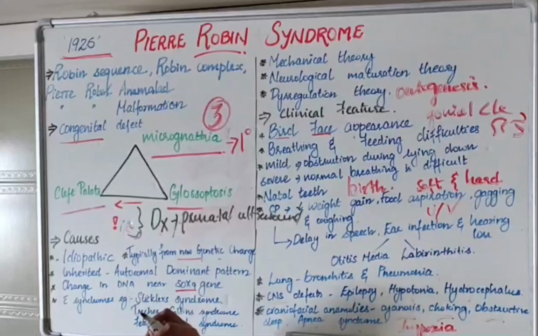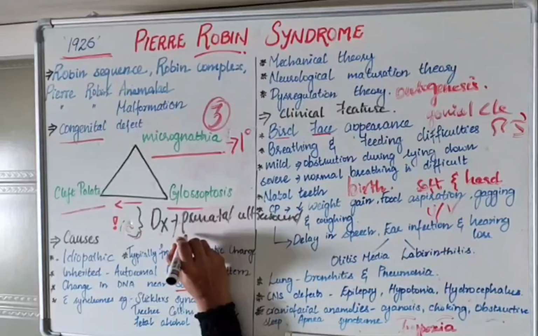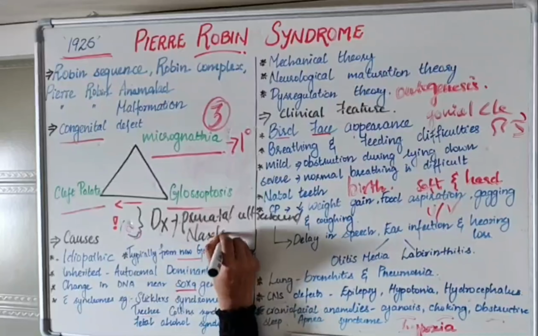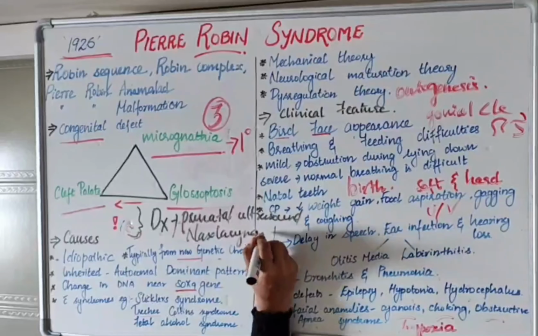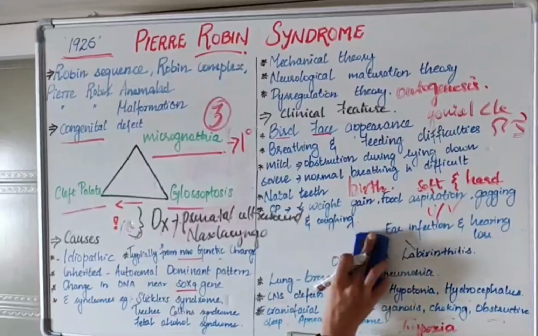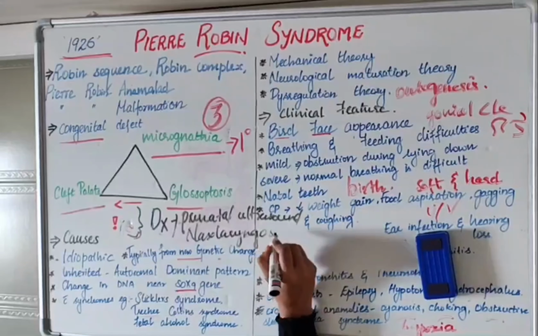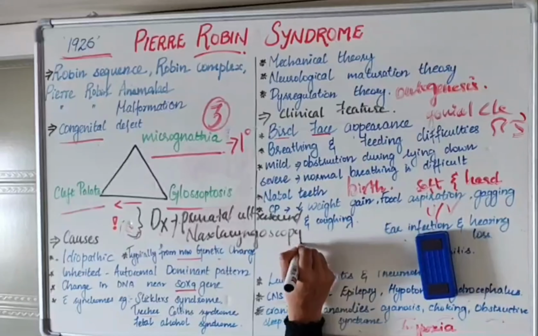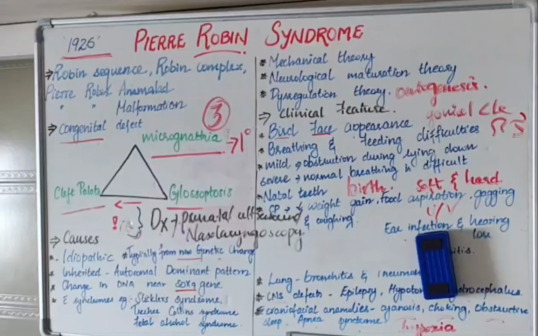Then after birth, you have to know how much obstruction there is. For that, you can go for nasolaryngoscopy. And also we can go for radiological imaging of the head and neck area, and sometimes we can check the oxygen level and brain activity during sleep.